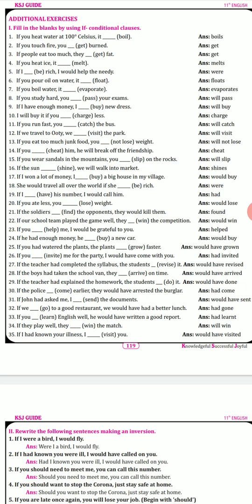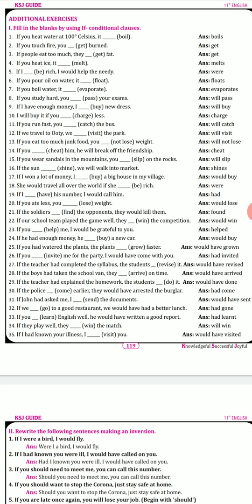And then question number 21: if the soldiers (find) the opponents, they would kill them. So would kill, that is improbable. Here the verb find should be converted to past form. So found is the past form verb.